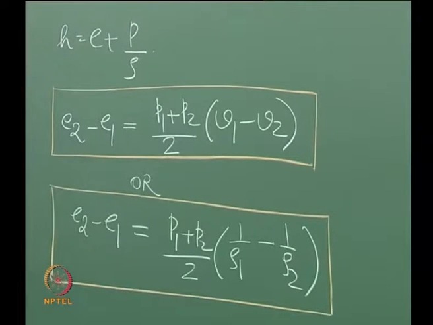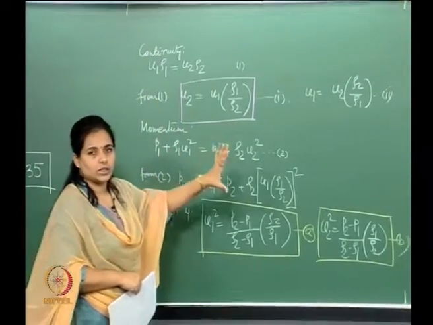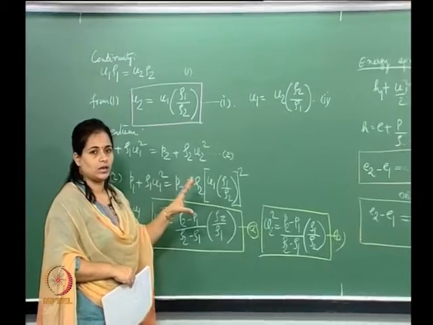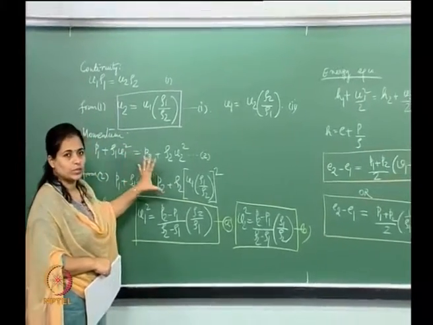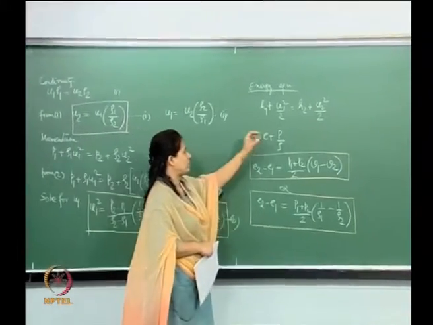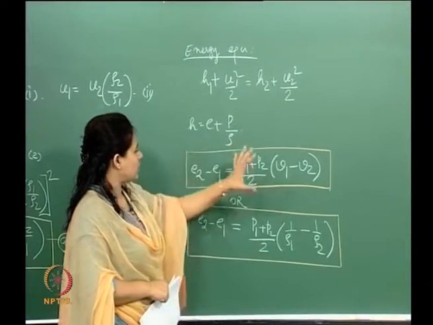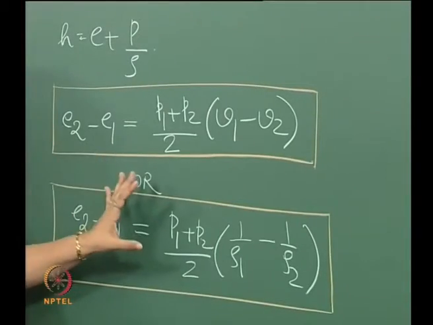So, all we have done is worked with the continuity, the momentum and the energy equations, just simple playing around with the properties, and all we did was we took away any sort of reference to velocities, okay, and we were able to generate this equation with just the thermodynamic variables. Okay.